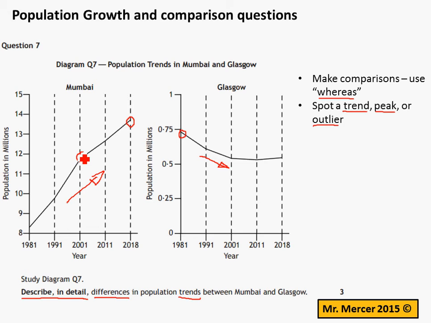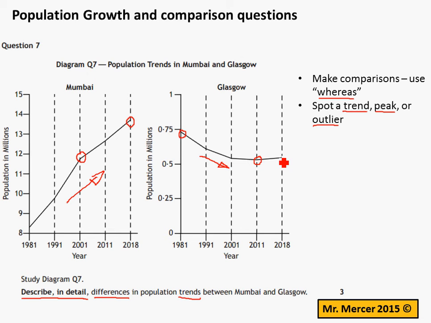For in 2001, there is clearly a spike in the population growth in Mumbai, where it rises more rapidly than elsewhere. In Glasgow, you would argue perhaps that this point here is your outlier, because it's at this point that the graph begins to stabilize and the population in millions in Glasgow begins to rise again.